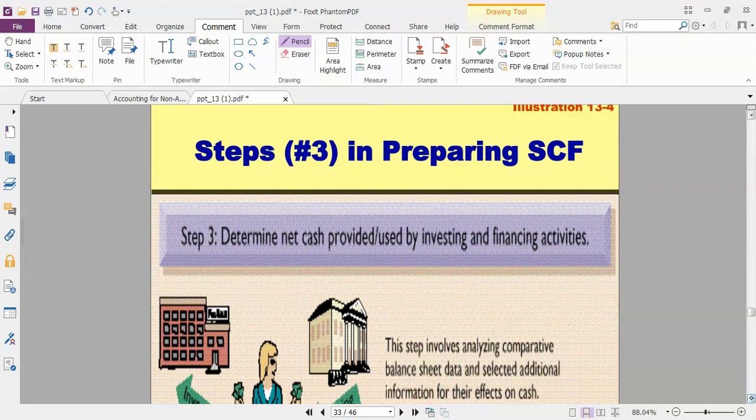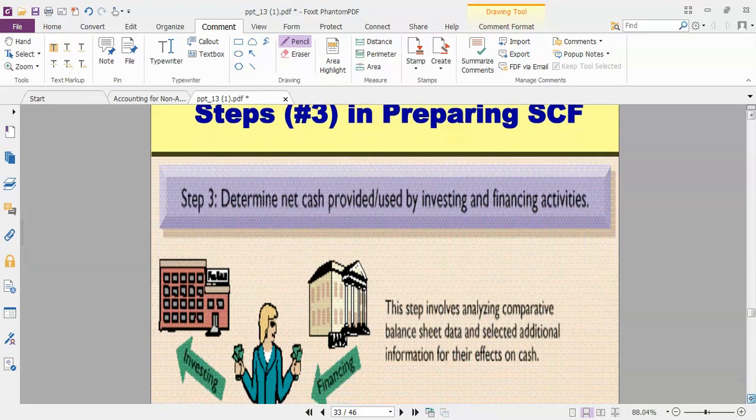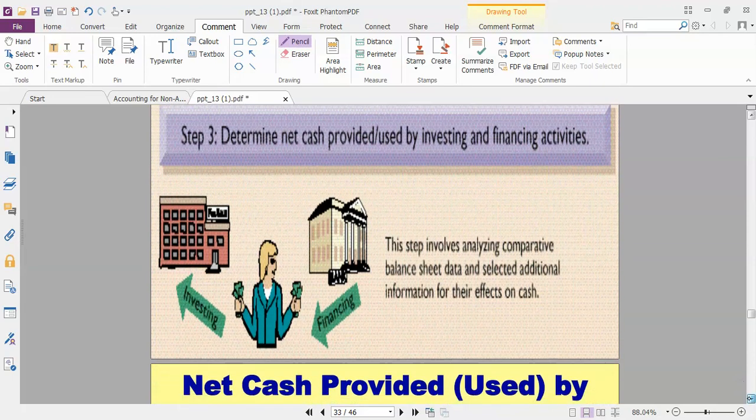There is no difference between direct method and indirect method. Here, the company used the money to invest, to buy or to purchase assets.